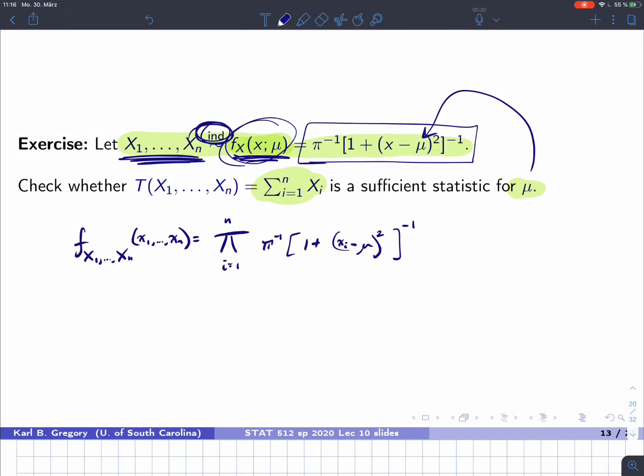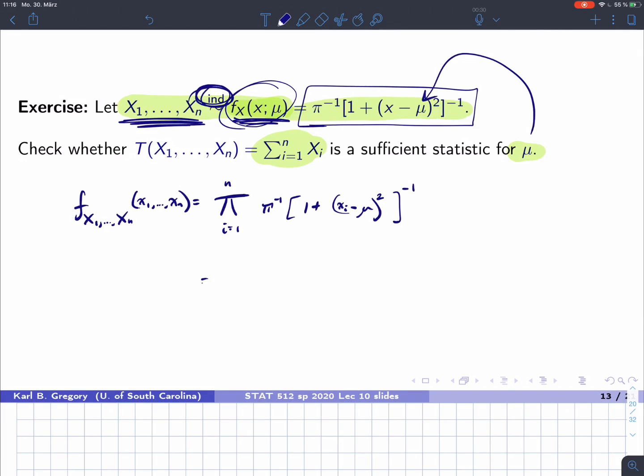Okay, so when I take this product, I can get pi raised to the power minus n. Let's write it as 1 over pi to the power n. Okay, 1 over pi to the power n. Now I've got 1 plus xi minus mu squared to the minus 1.